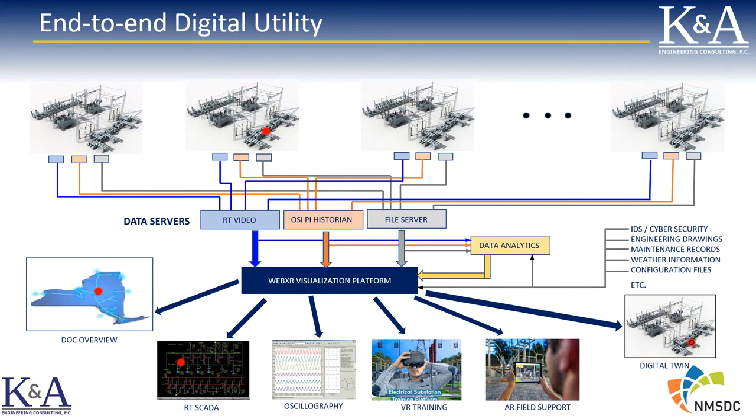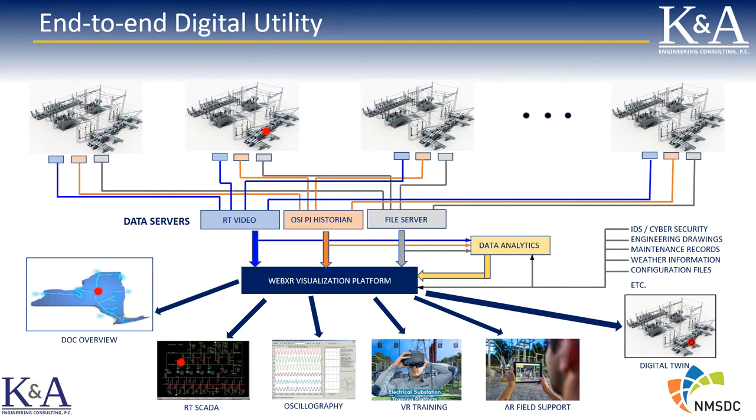Besides sending the data to a visualization platform, you also want to do as much analysis of the data as you can. So you'll send all that information to a data analytics engine, and utilities are already beginning to apply artificial intelligence, neural networks, machine learning, and all kinds of sophisticated technologies to perform advanced analysis of the information.